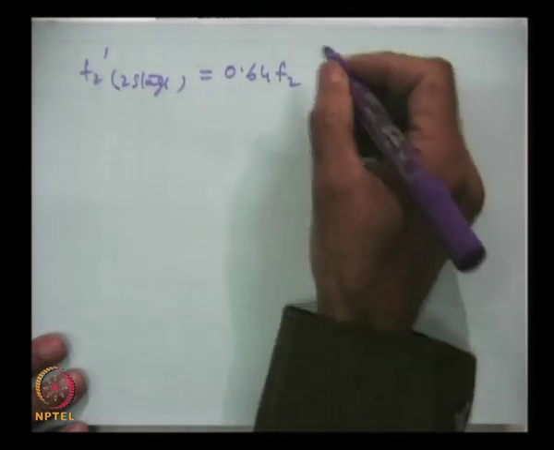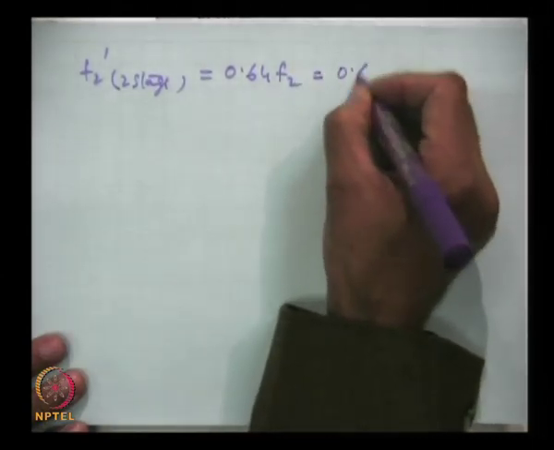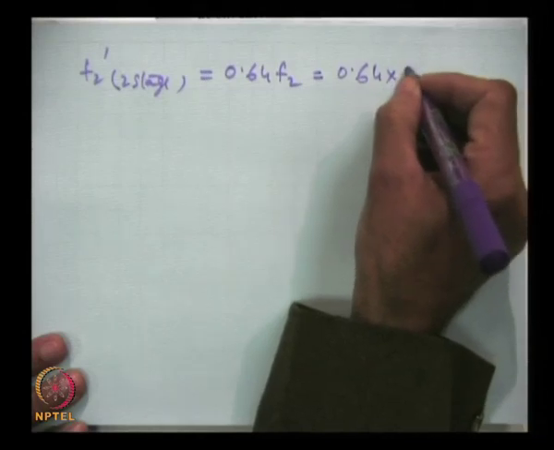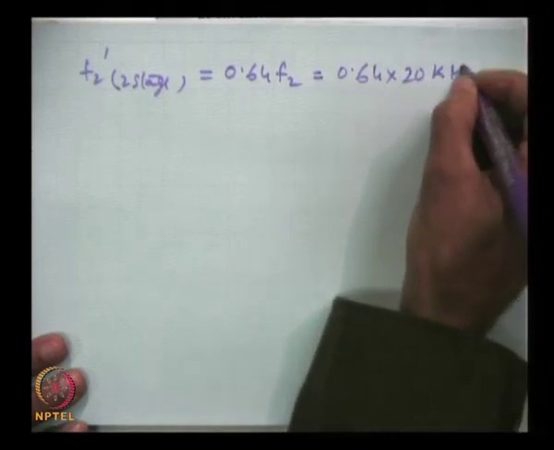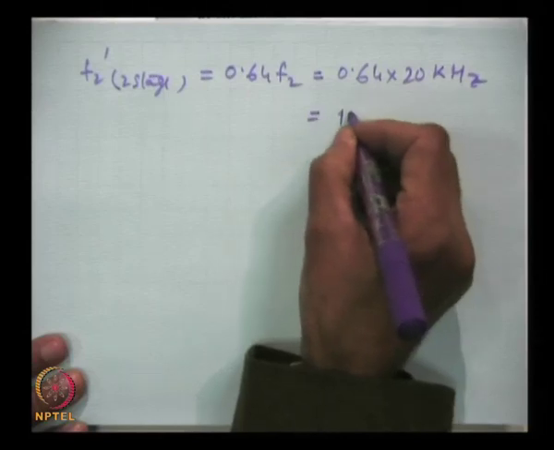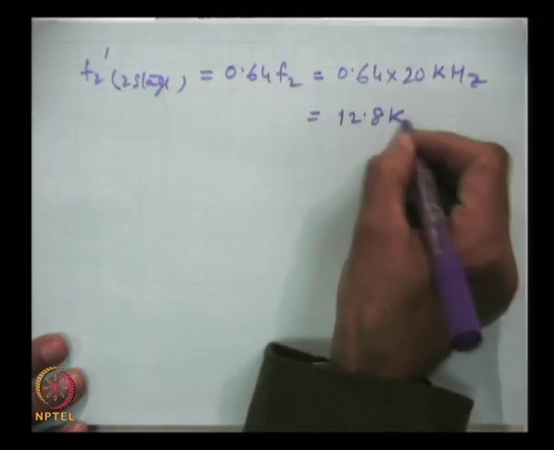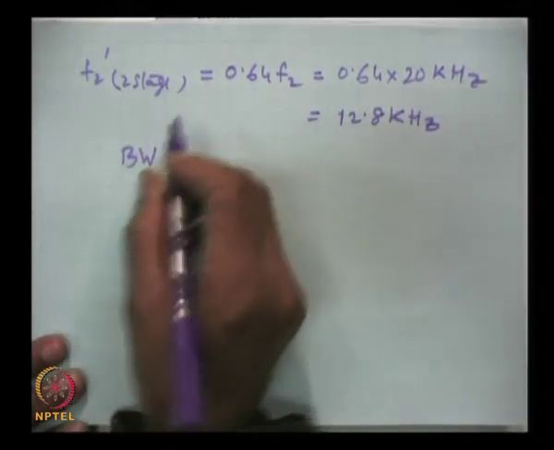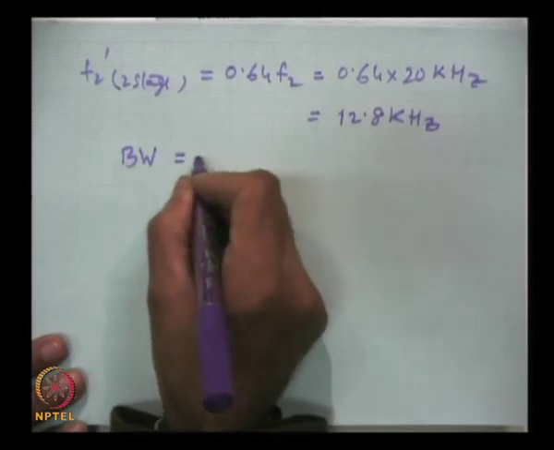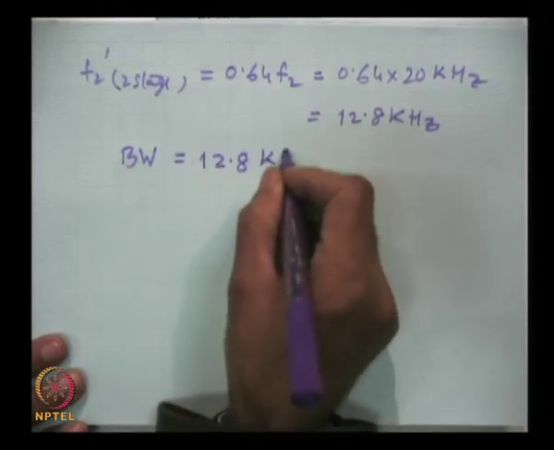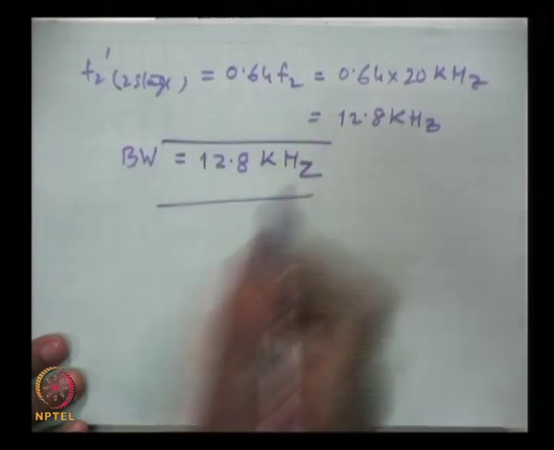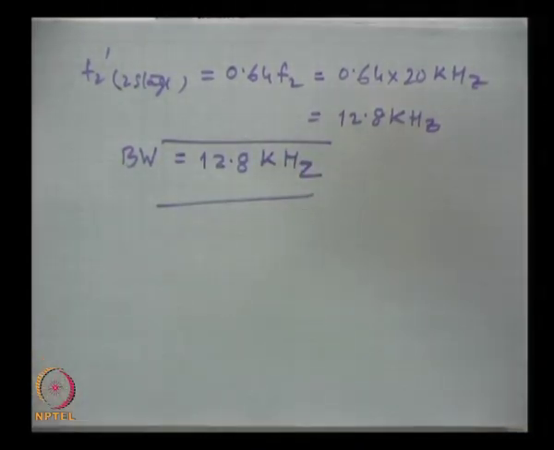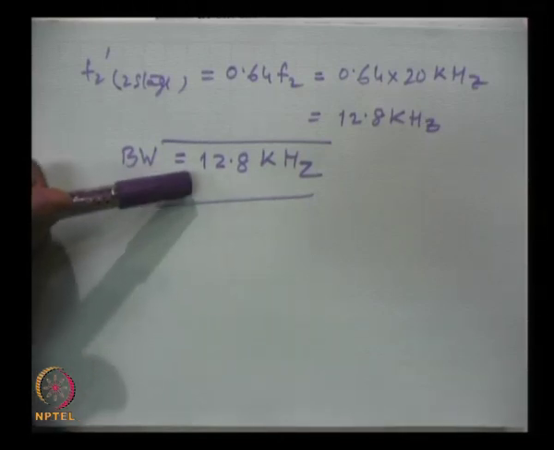So, this is reduced from 20 kilohertz to 12.8 kilohertz, and because 31 is very small, the bandwidth for this two stage amplifier actually is reduced from 20 to 12.8 kilohertz. So, if more stages are identical, even if you solve for 4, this will be much reduced, bandwidth falls.